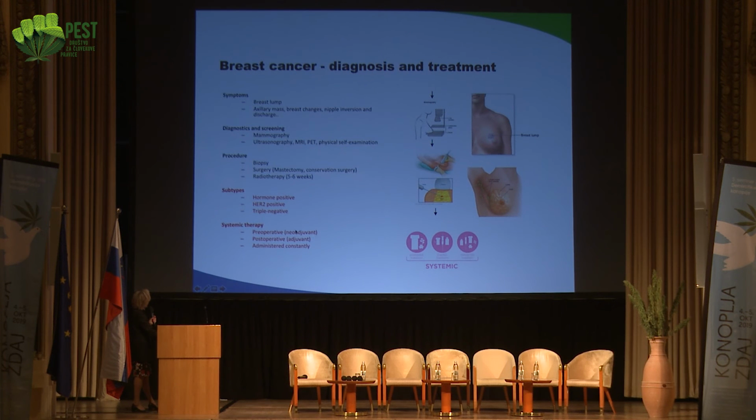It can be pre-operative, so neoadjuvant, where you don't cut out the tissue but use different approaches, also biological therapy and hormone therapy. Then there is post-operative, which is adjuvant, or irradiation and so on, and it should be administered to a certain extent, and the oncologists are pretty well aware of this.